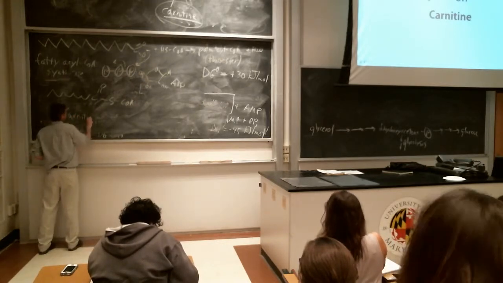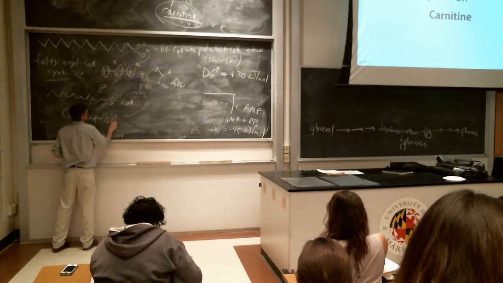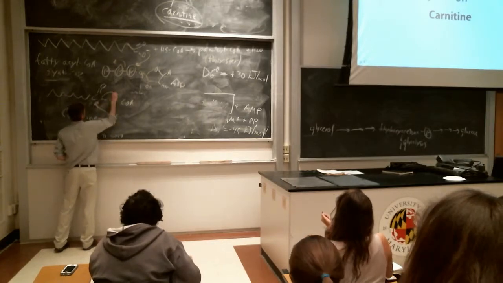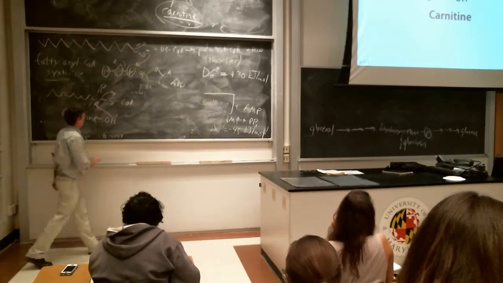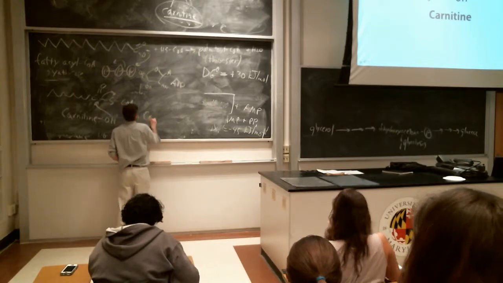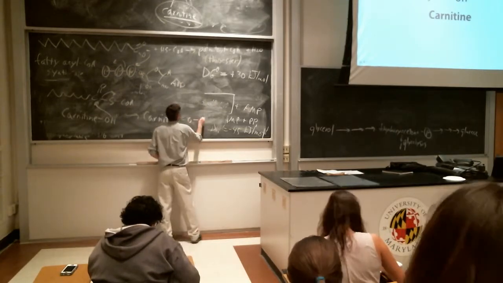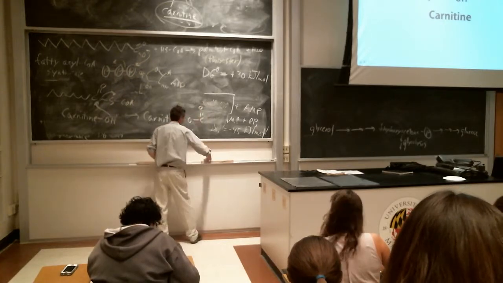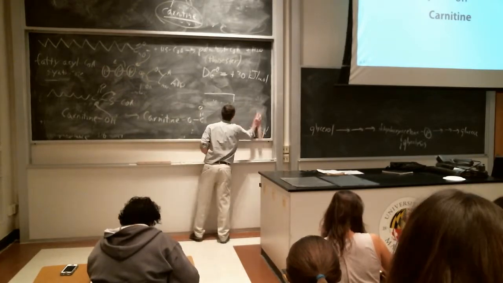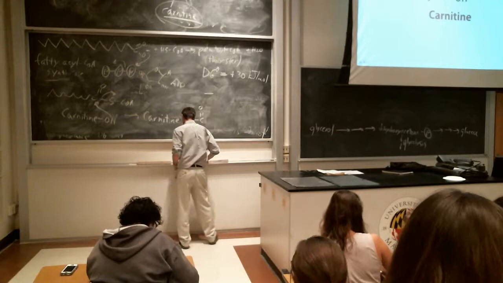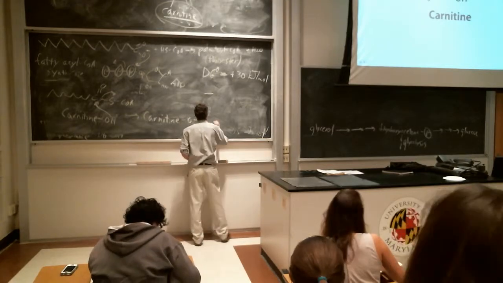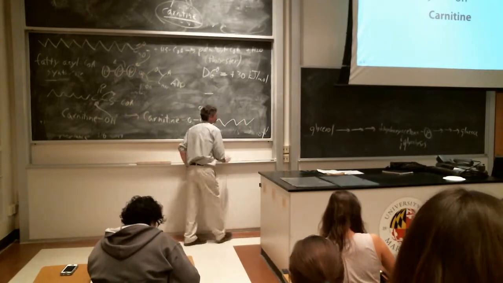So carnitine has this hydroxyl group that's going to displace the CoA, and you're going to get an ester of carnitine with the fatty acid. And this is the thing that is being transported into the mitochondria.